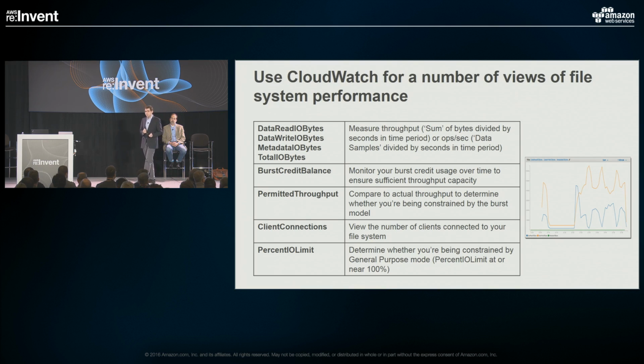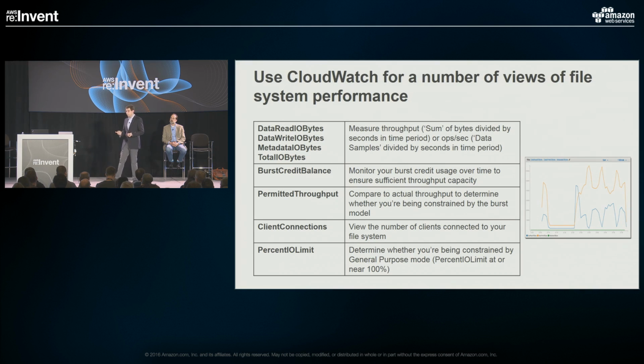We have this burst credit model, and if you have burst credits available, you're able to drive throughput to your file system. The rate at which you earn these burst credits is tied to the amount of storage that you have in the file system. It all equates to around 100 megabytes per second of throughput that you can drive for every terabyte of data stored. So if you have 1 terabyte, it's 100 megabytes per second.